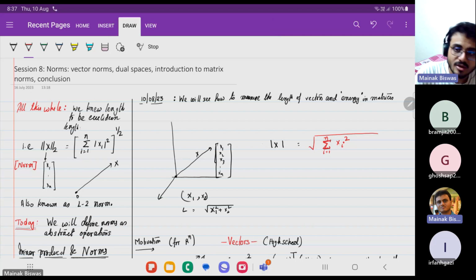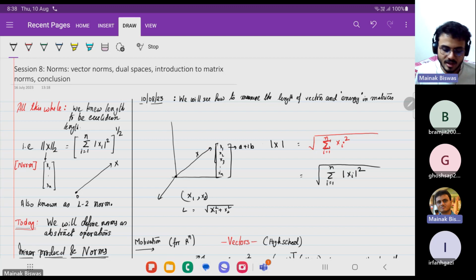And if the vector is complex, you would put the norm, or mod, of those numbers if your elements are complex numbers, a plus ib, right? Is this clear? This is what you have studied till now.